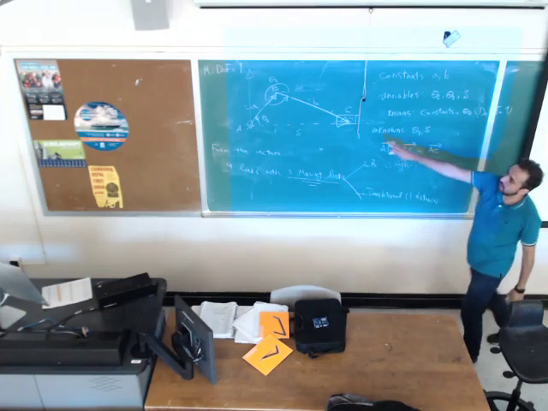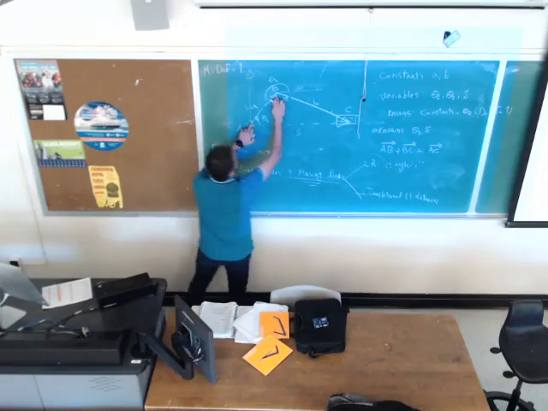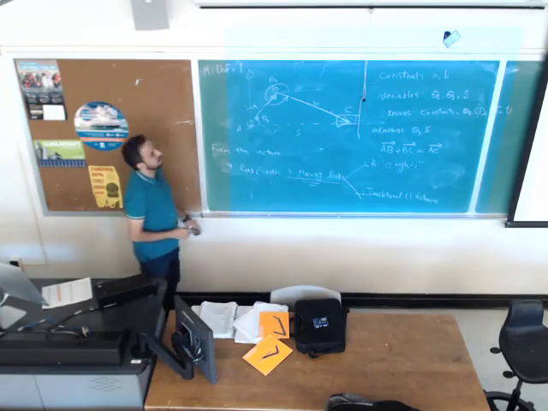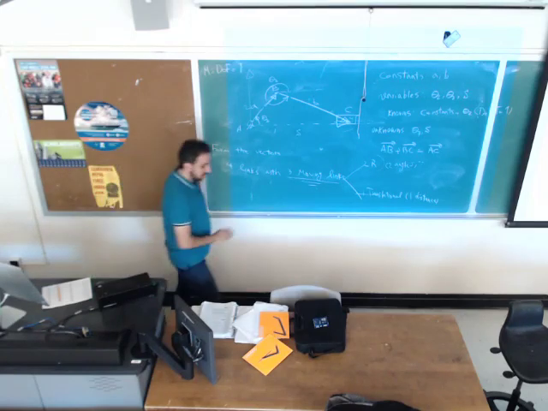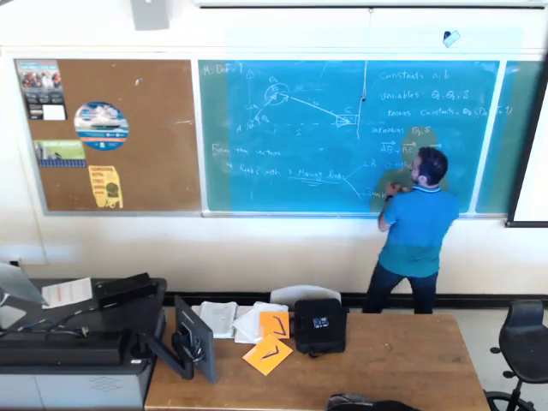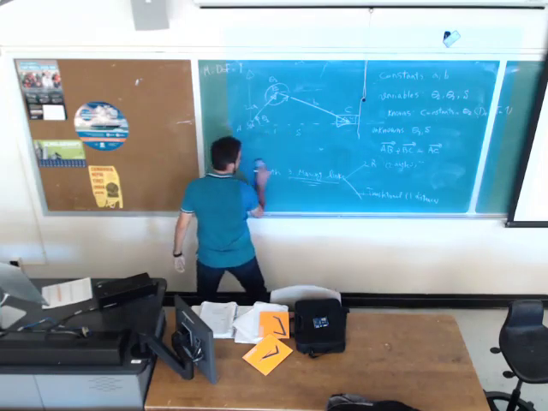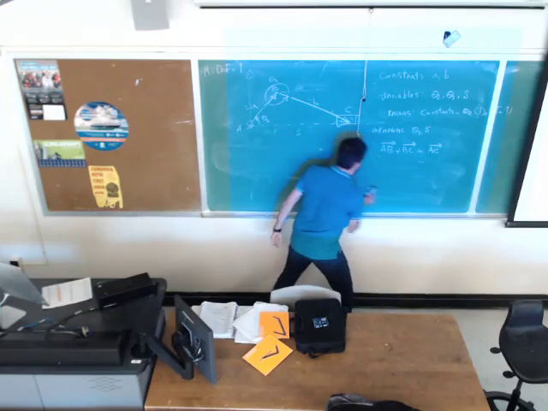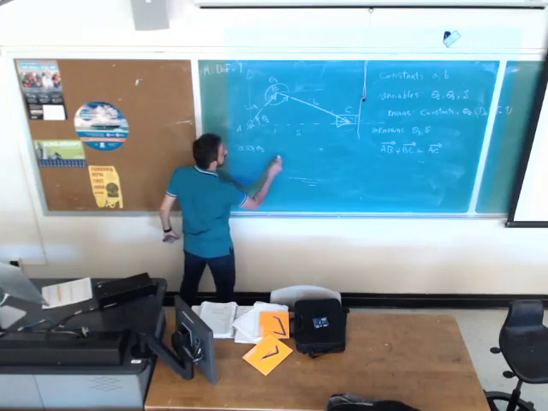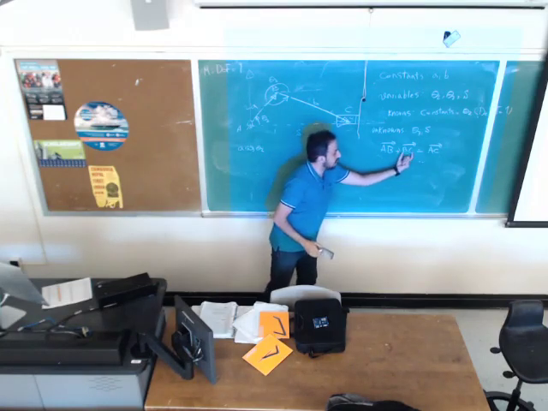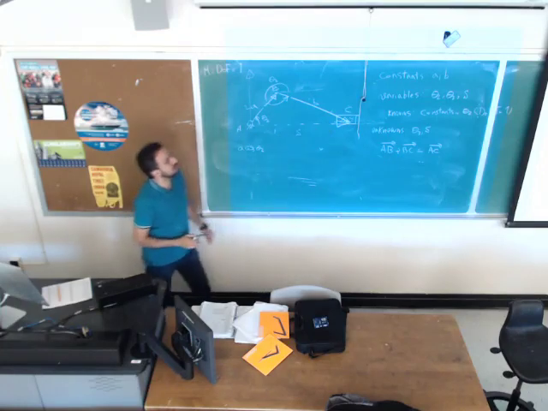If I look at this, what would be the x component of link AB? A cosine of theta 2, exactly. What would be the x component of vector BC?